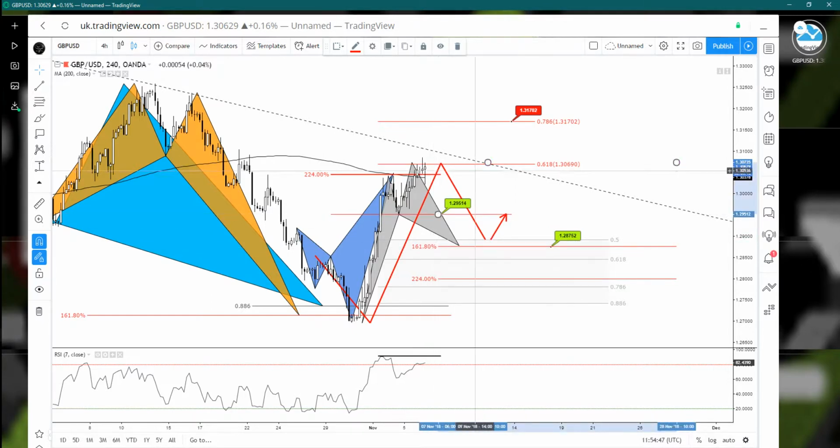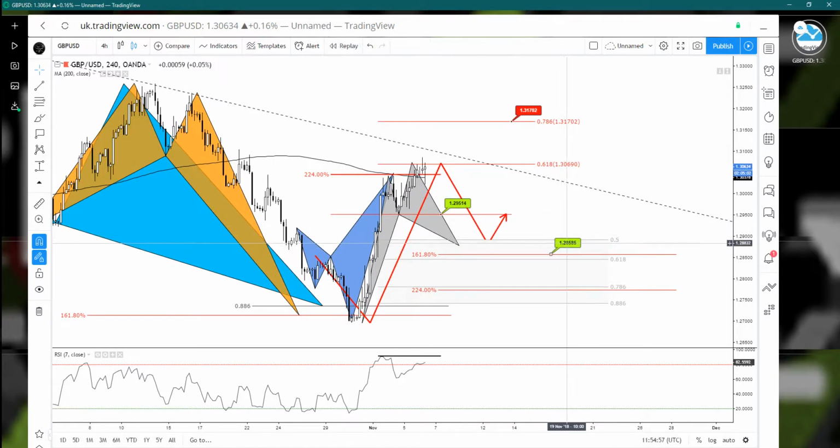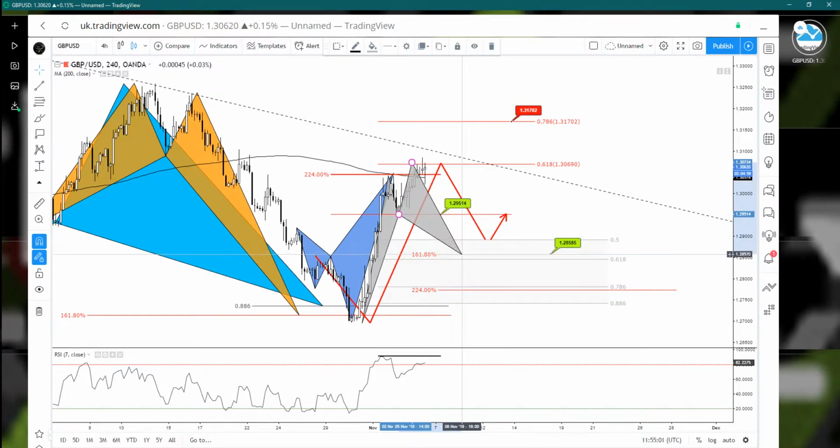Let me just measure this. We need to adjust this extension also. So at this point, the shark will be completed at 128.58, a few points below the initial point, and the 50% retracement is positioned here.